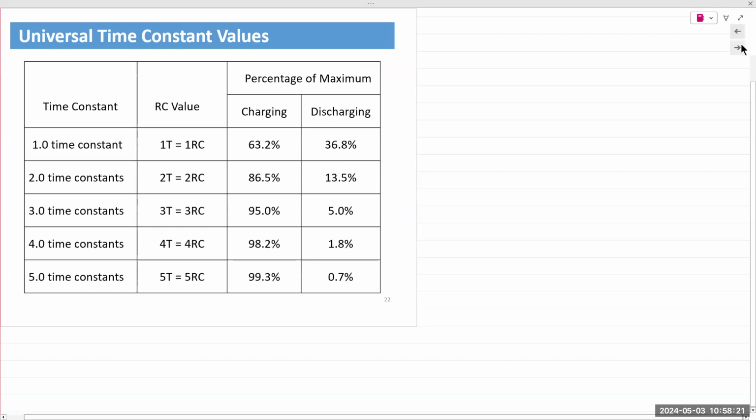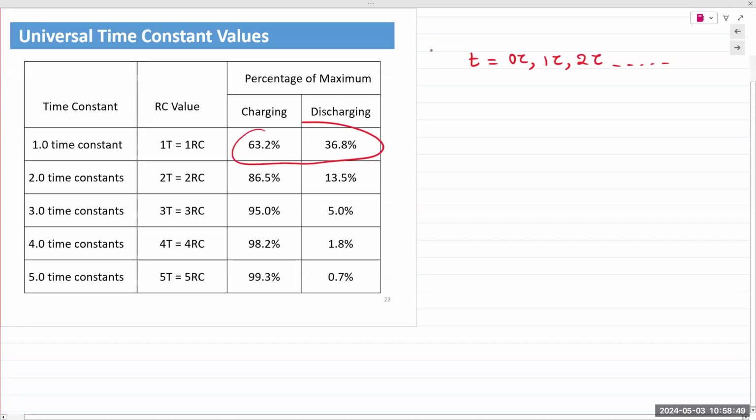In terms of pure numbers, we can plug in any value of time we want: 0.01, 0.005, 0.00003, and we can find the voltage or current at any given point in time. But if we plug in time as multiples of tau, the time constant, we obtain that universal time constant chart.